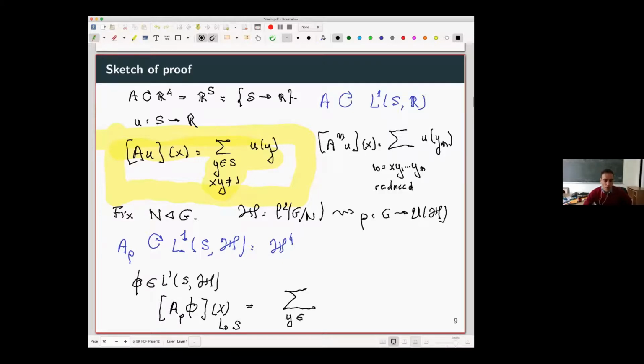I sum over all the generators y which are not the inverse of x. I want to sum phi of y, the function phi computed at the generator y, but I add a twist here, a twist by the representation rho. In this way, it's not very difficult to observe that you get a bounded operator on the space L1 of S of H.